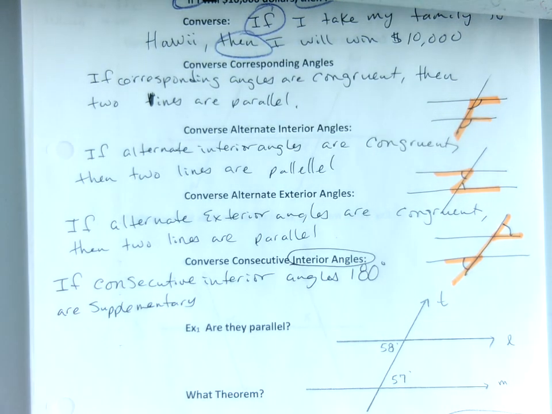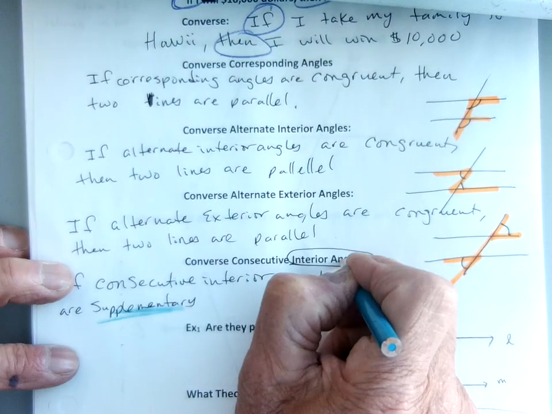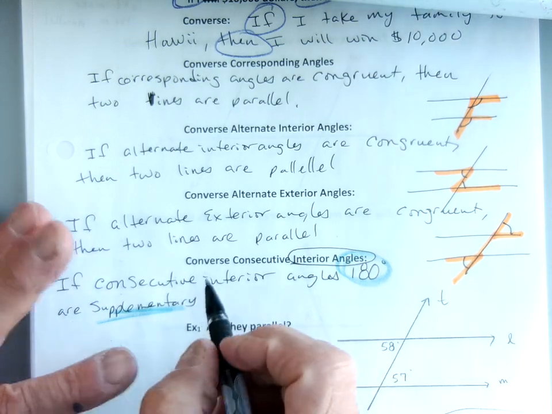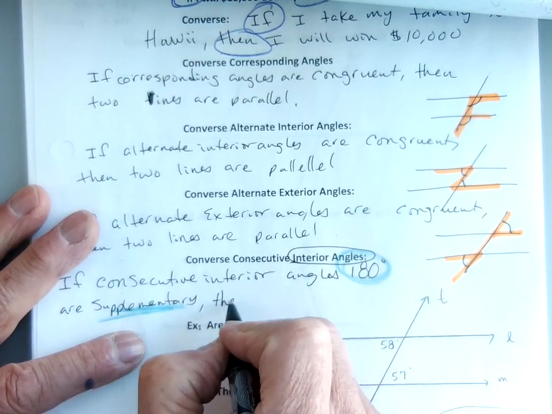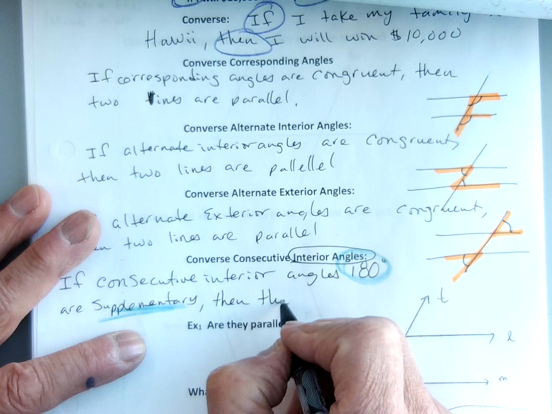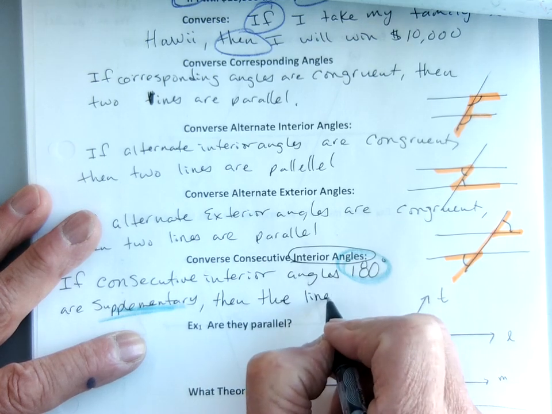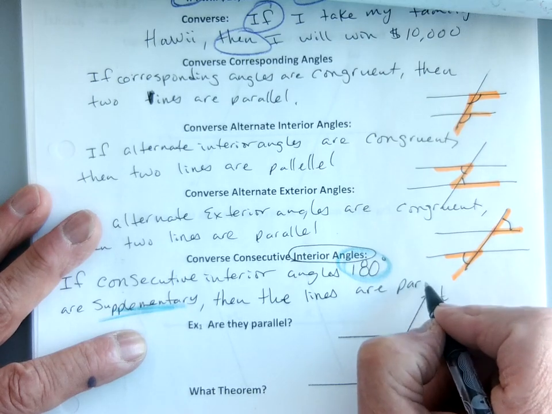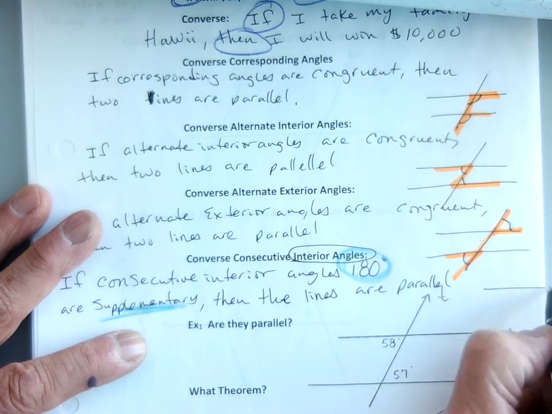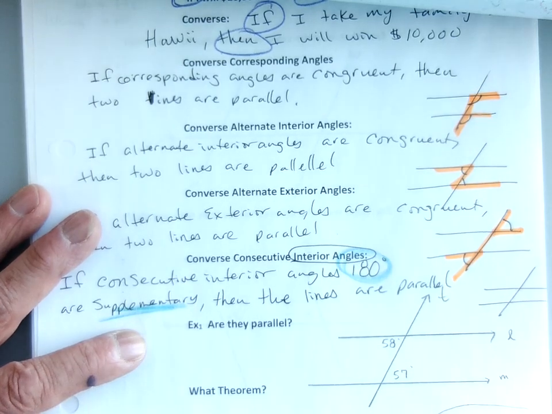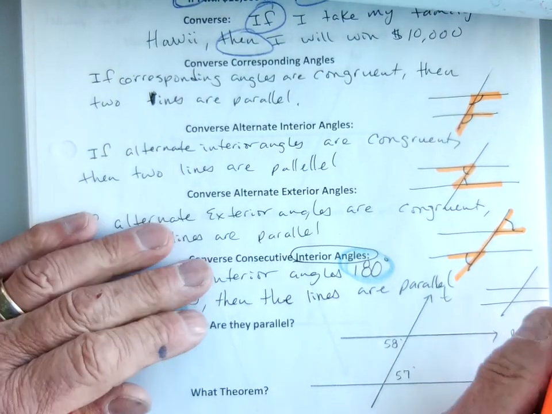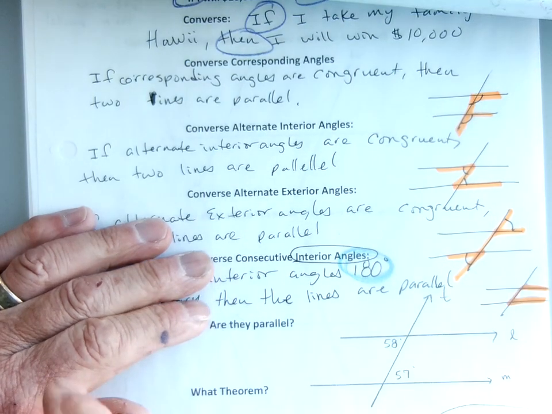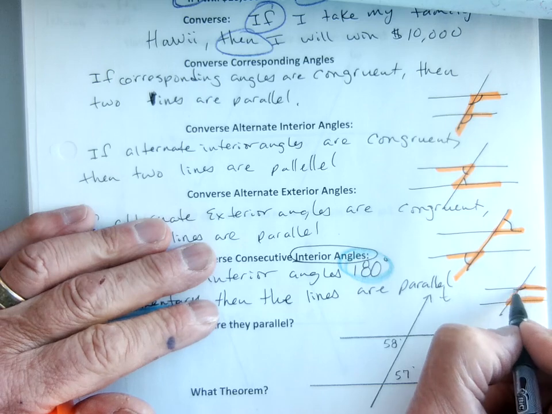And I'm going to circle 180. Okay, supplementary means 180. Then the lines are parallel. Okay, I'm going to draw a picture of that. And show you what I'm talking about, okay? Kind of makes a C. There.